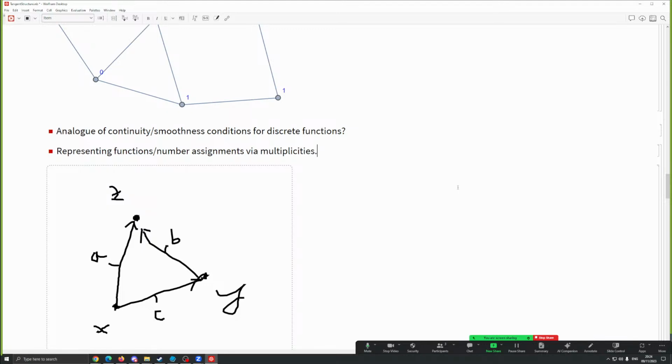And I think we pretty much got there with these weighted derivations and so on.